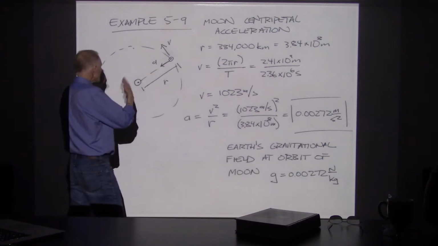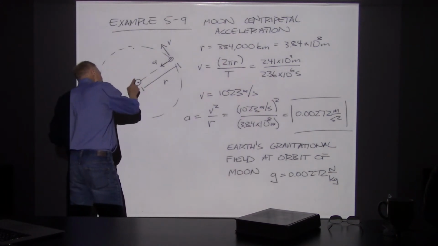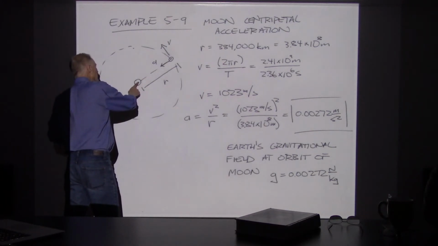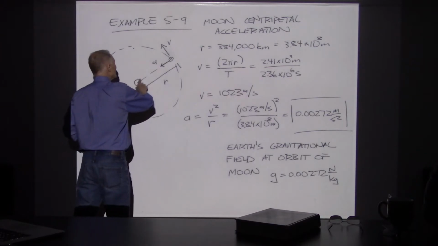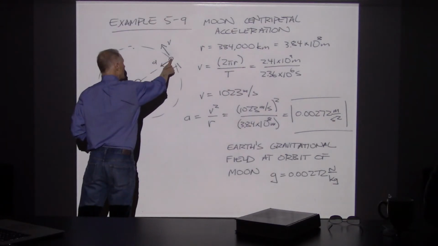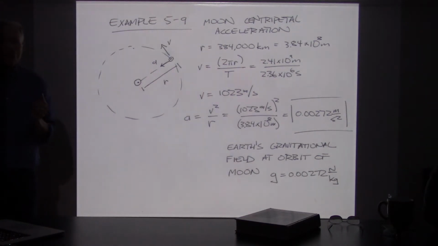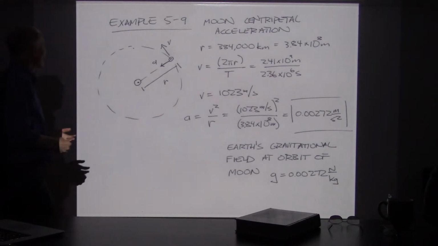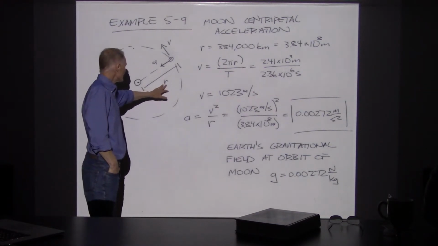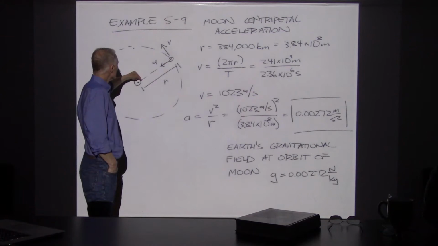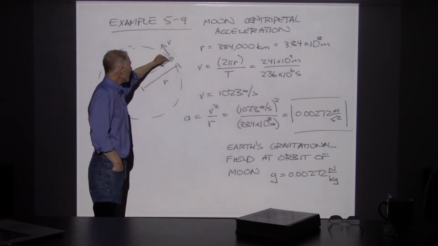Now, where's the center of the circular motion? Well, it's on the center of the Earth, given the way we've set up the problem, and then the center of the Moon. So it's center-to-center measurements. There's always this tendency, I'm not sure why, to think that r, the distance, is measured from the surface to the Earth, and it's not.